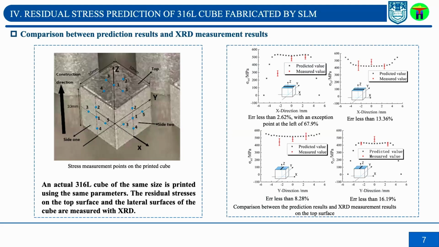This picture shows the results of prediction and the result of measurement on the top surface, and we can see that the error between the results is mostly less than 20%, and there is one point on the left side that is more than 60%.